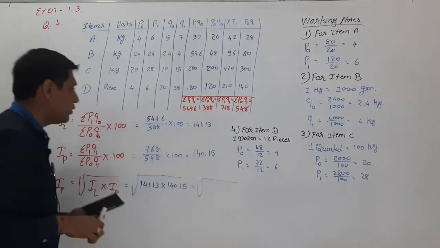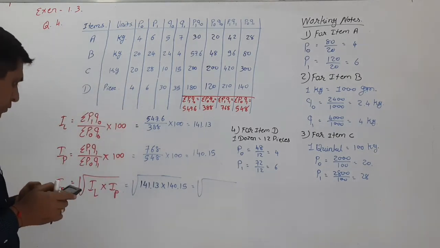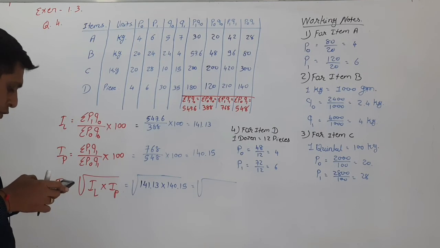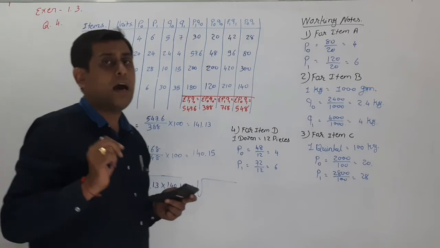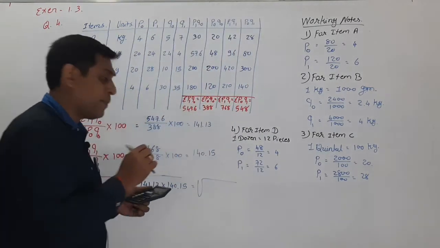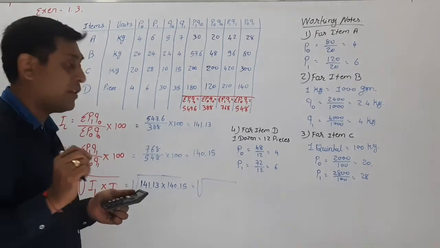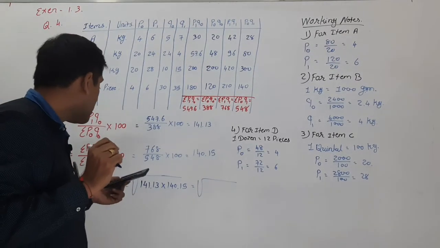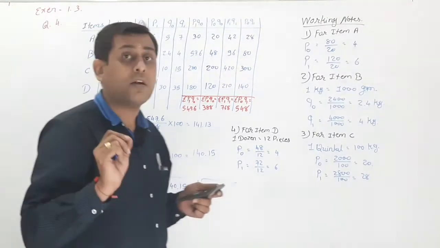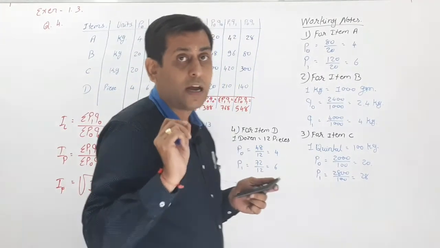So here the multiplication, 141.13 into 140.15. Some students make the mistake that they just multiply the amounts and then do not find the square root of that, and they ask, sir, I have a doubt, I am not getting the answer.